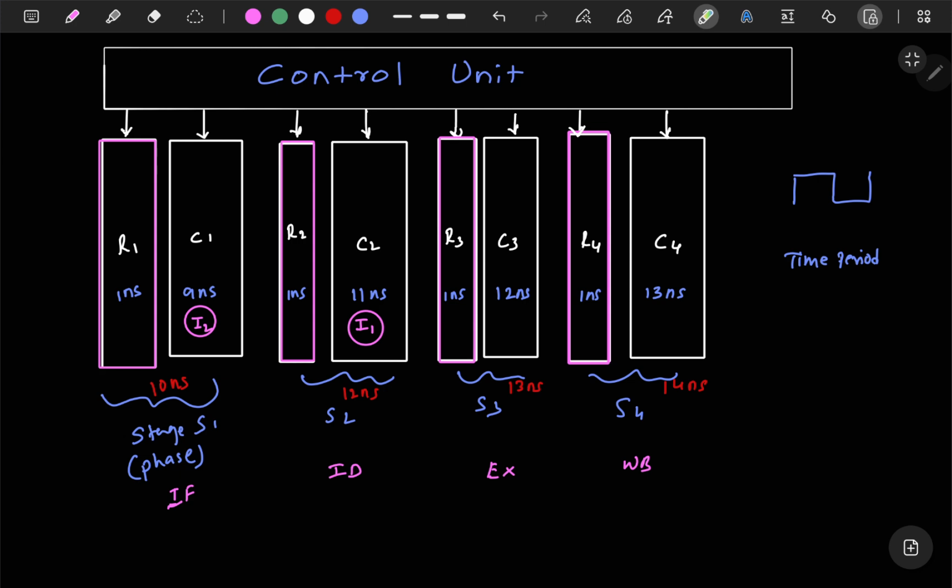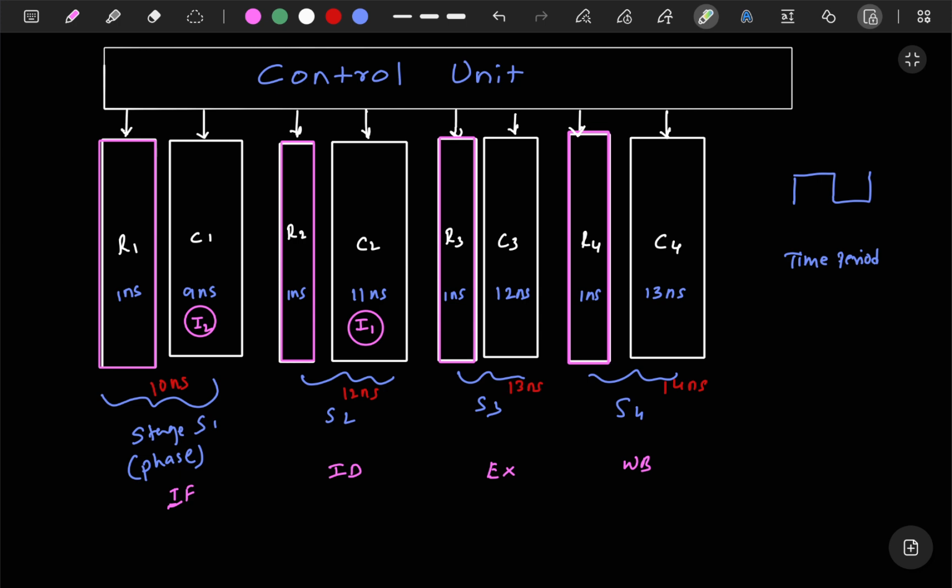Now my question is, what would the time period be? Earlier there was an even delay, so every phase took 11 nanoseconds, but here there are uneven delays. So for uneven delays, what would the time period be?